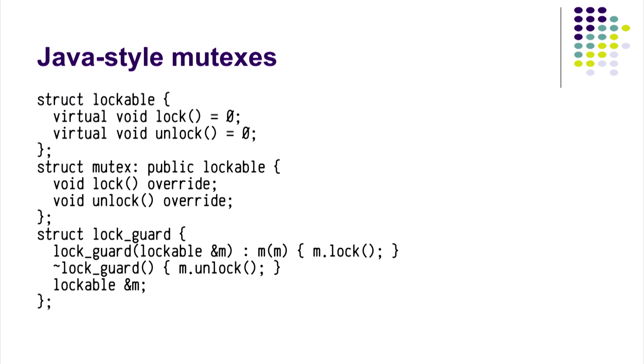And then you implement them in your mutex class, which inherits from Lockable and overrides those methods. And to use it, you have a lock guard whose constructor locks the Lockable and destructor unlocks the Lockable, and it has a reference to the actual mutex in there. And because these methods are virtual, it will use the runtime type, meaning the type of the actual mutex, and it'll call the mutex's lock and unlock rather than the non-existent lock and unlock in Lockable.